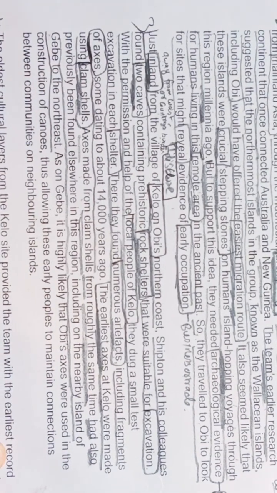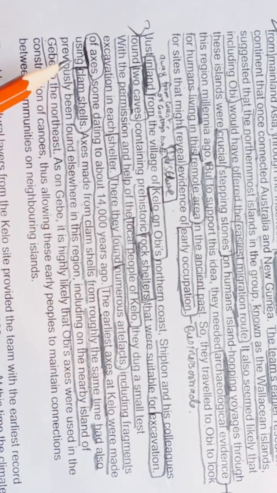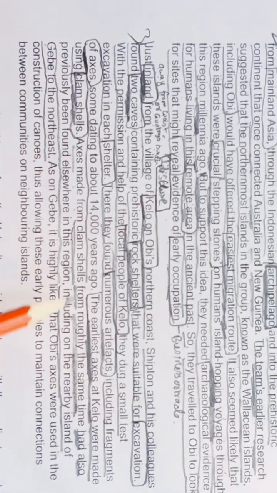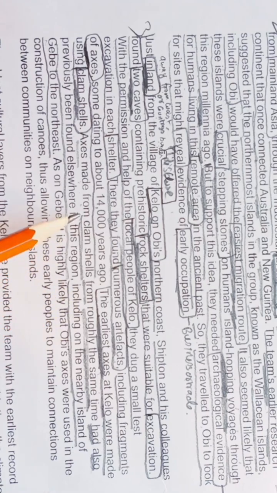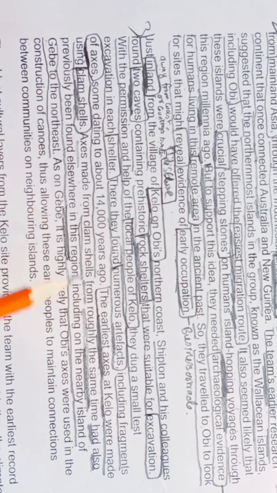So what they are saying in this line is that the earliest axes at Kilo were made using clamshell, and this clamshell from roughly the same time had also previously been found elsewhere in this region only.